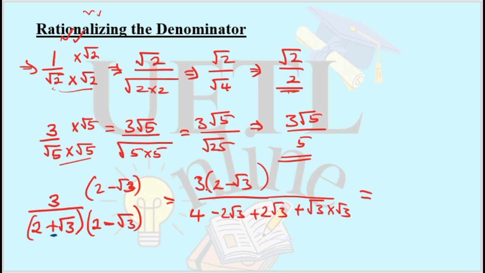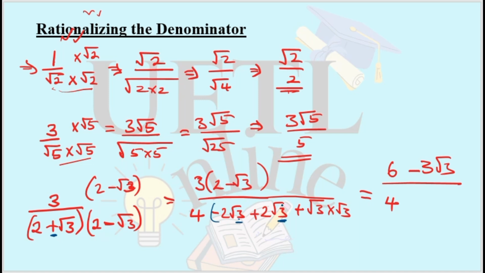So on top, it becomes 3 times 2, which is 6, minus 3 times root 3, which is 3 root 3. Then at the bottom it becomes 4, right? Then minus 2 root 3 plus 2 root 3. You can subtract these because they have the same root part. They can subtract each other. 2 root 3 minus 2 root 3, so this answer becomes 0, right?